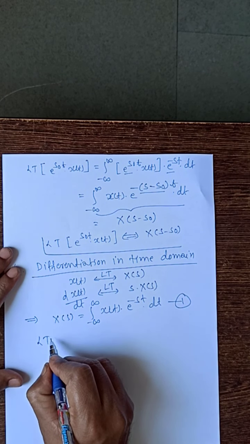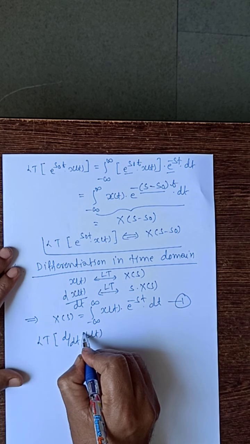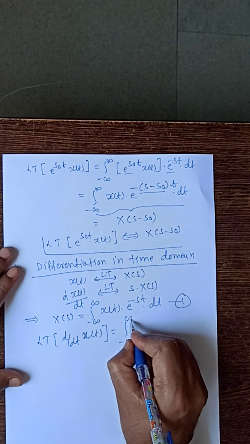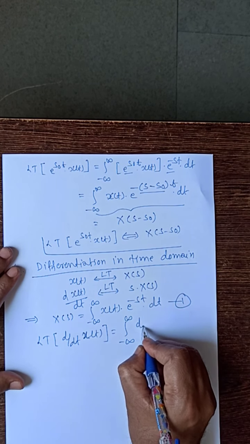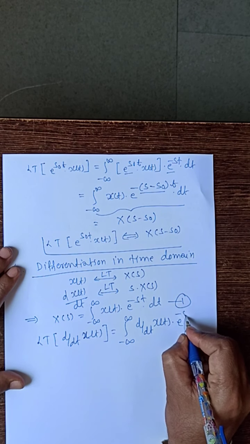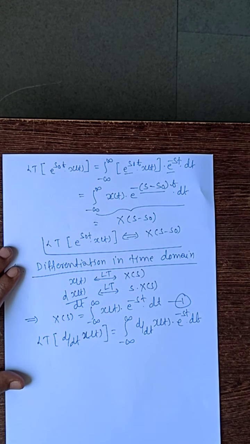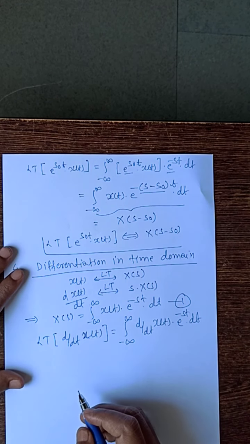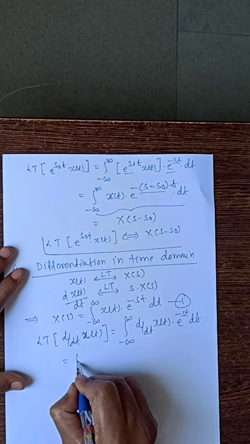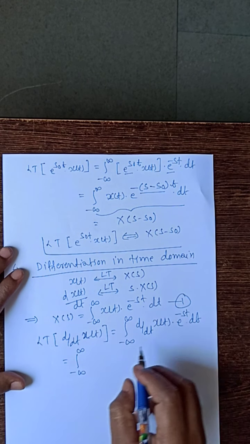Now take the Laplace transform of d by dt of x of t, that is equals to integral from minus infinity to plus infinity d by dt of x of t e raised to minus st into dt. Okay, so we'll just use the u into v integration rule.